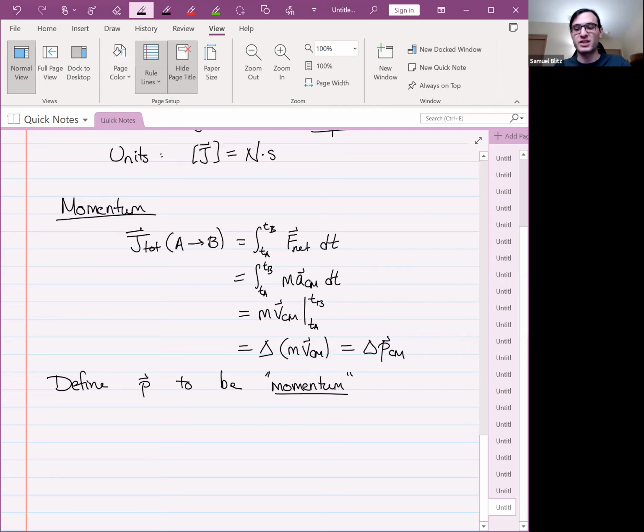And so in particular, for a single object, momentum is the product of the mass and velocity.